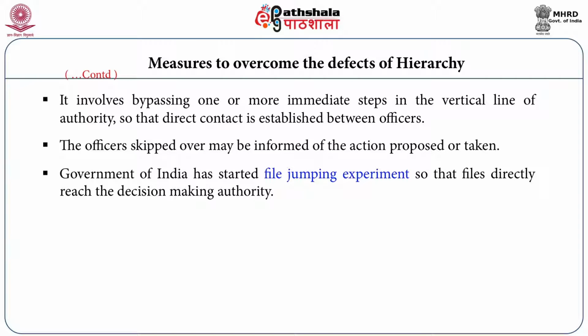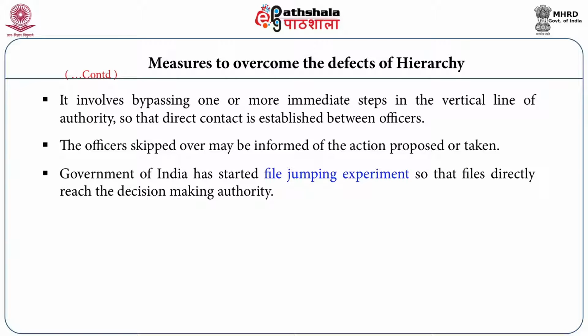And the second concept that is proposed to overcome this demerit is level jumping. So instead of going through E, D, C, B, F can bypass D, with the permission of D, to communicate to K. Therefore, it jumps one level of superiority.